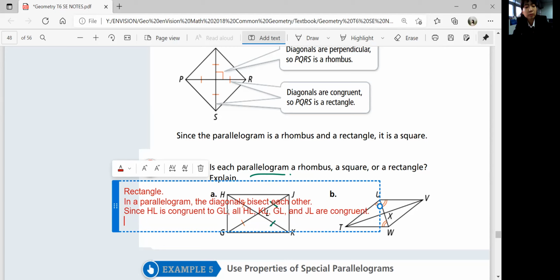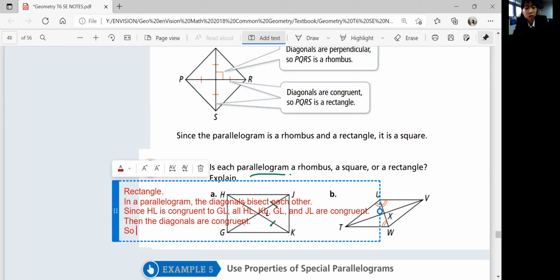And that means the diagonals are congruent. So it is a rectangle.